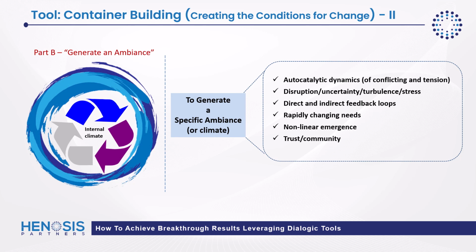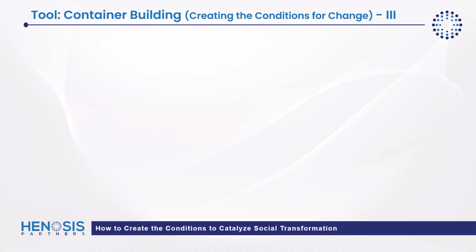So one question I'm often asked is, why would we want to create this type of climate? A climate where there's conflicting intention. A climate where there's disruption, uncertainty, and turbulence. Well, it's because this type of climate or environment evokes the necessary adaptive behaviors to help us realize our hoped-for outcomes.